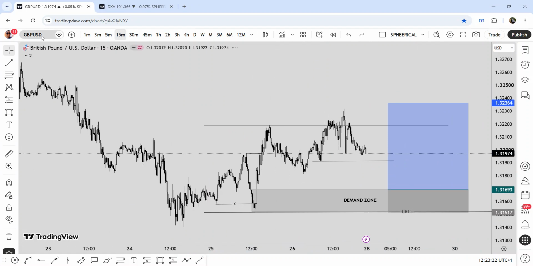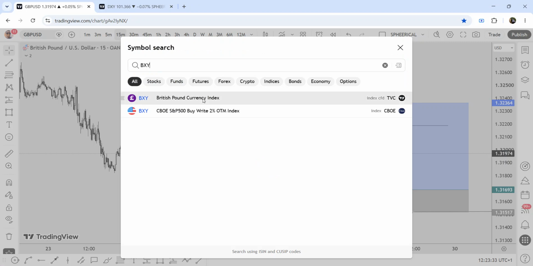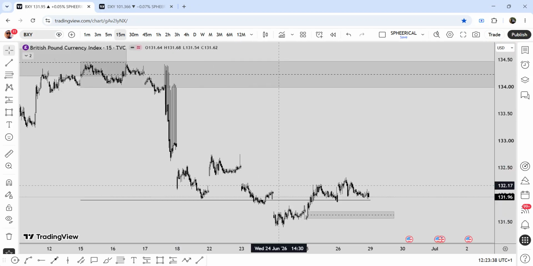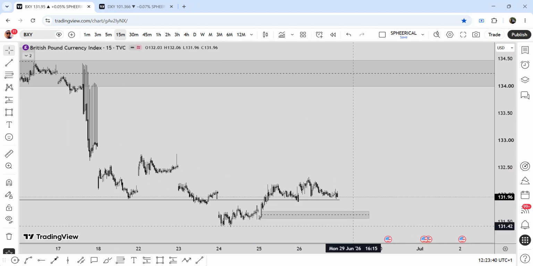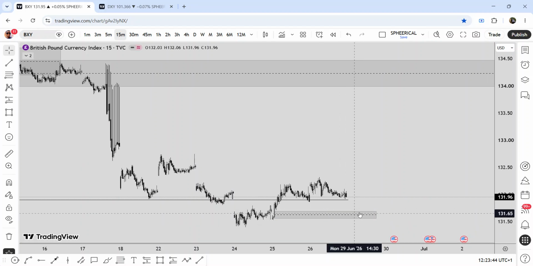So I think let me check something in the dollar index. Sorry, pound index. This is the British pound currency index. Whatever this one is doing will also affect what is happening here. And for here, I think I established that there is a point that this market might react in this zone.